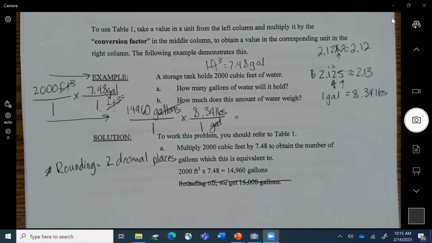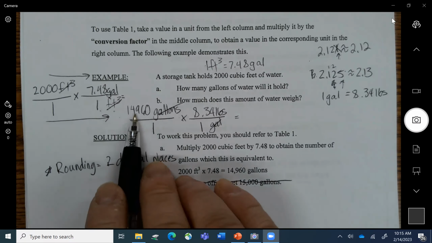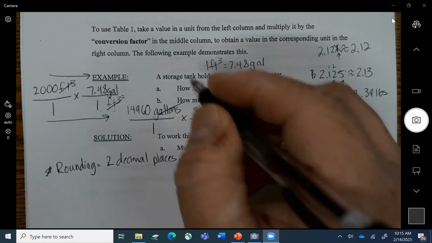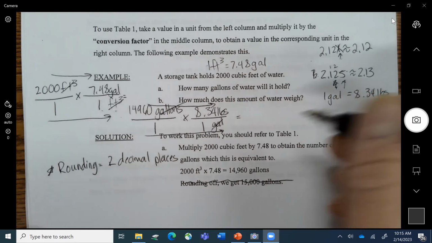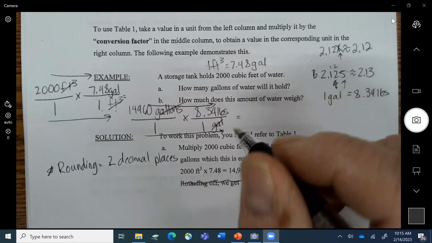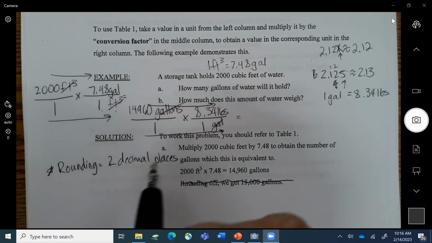Okay. So everything across the top, everything across the bottom. Bottom's only 1, so if you don't want to do it, it's fine. Just remember, it won't always be 1s.